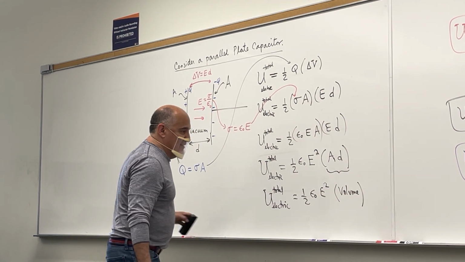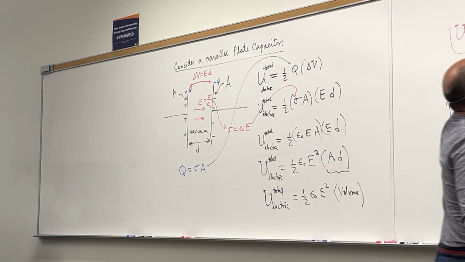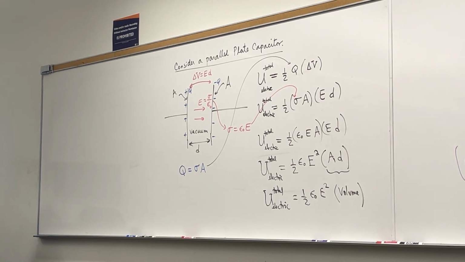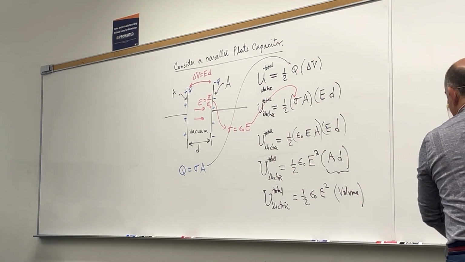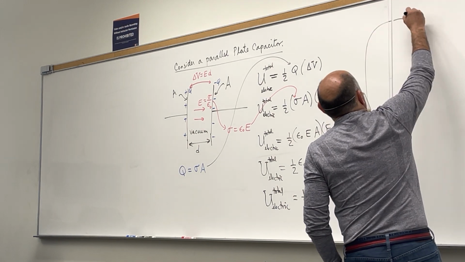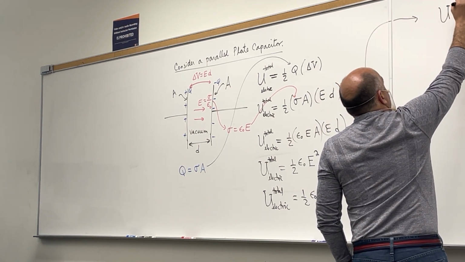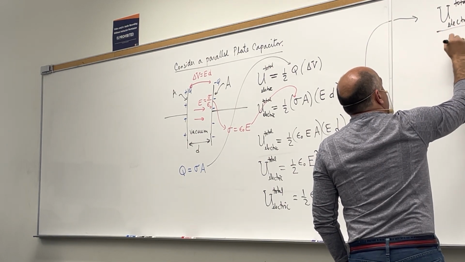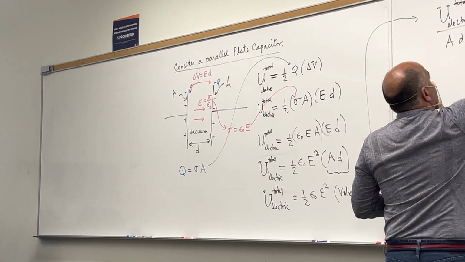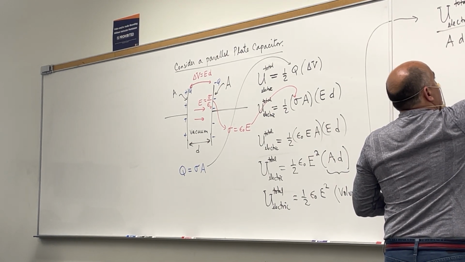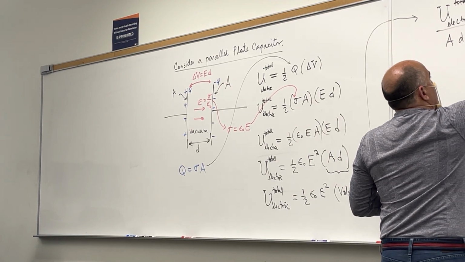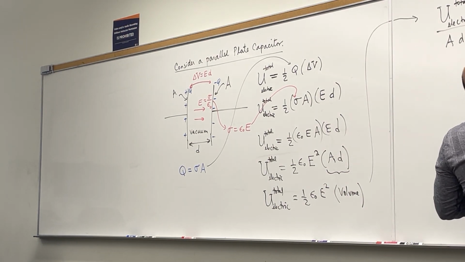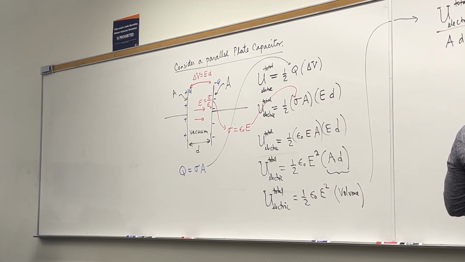And what if I take that total energy and divide by the volume? It will be the energy per unit volume. Or we can be a little fancier and call it the energy density.